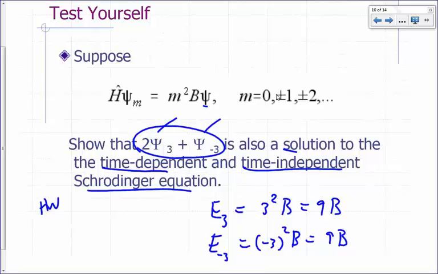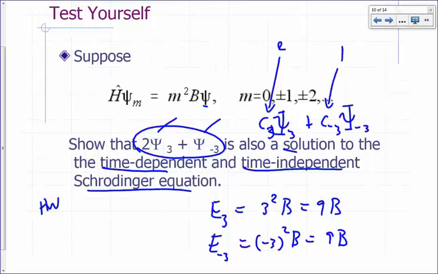Oh, that's just a linear combination. So you have C3 psi 3 plus C sub negative 3 psi sub negative 3. Those are just your coefficients. So your coefficient here is 2. Your coefficient here is 1. So, in fact, that's not going to be normalized, right? What should be the normalized coefficients? 2 squared plus 1 squared is 5. So it should really be 2 over square root of 5 and 1 over square root of 5.